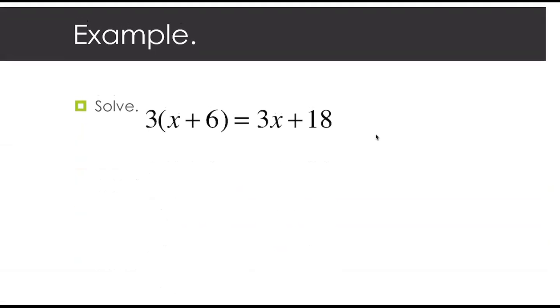So go ahead and try this next example. The first thing that you probably would have done here is your distributive property on the left-hand side, which would give you 3x plus 18 equals 3x plus 18.